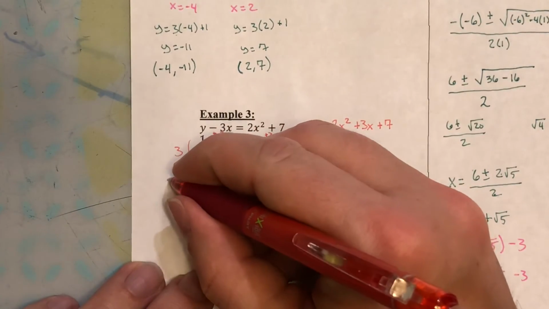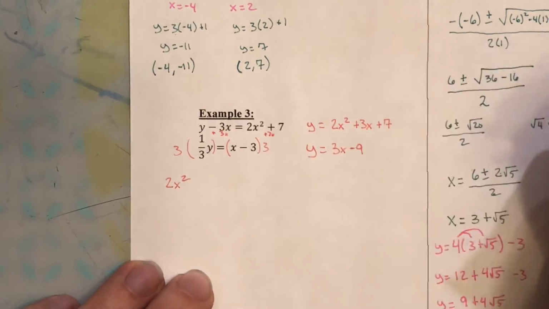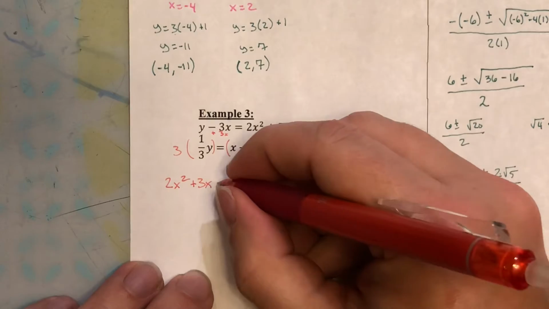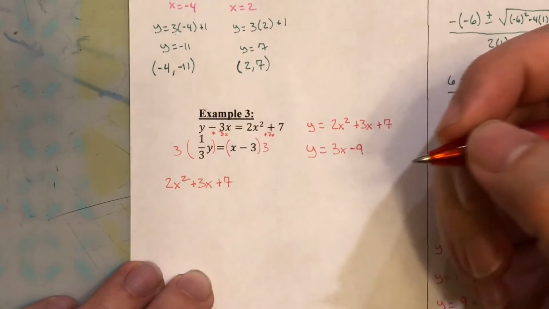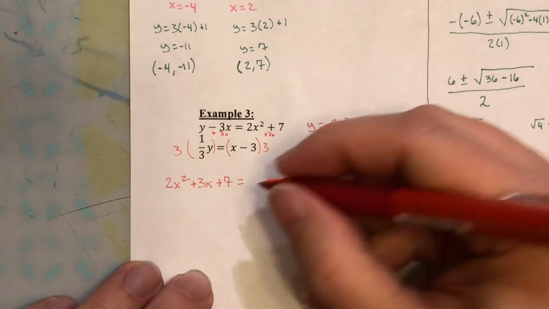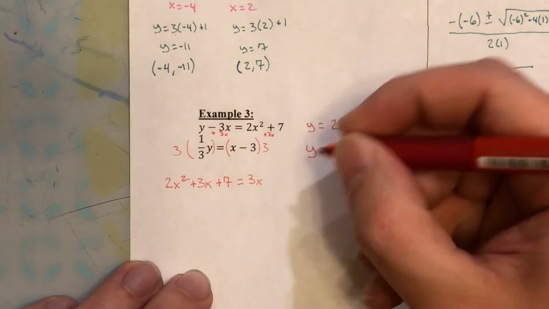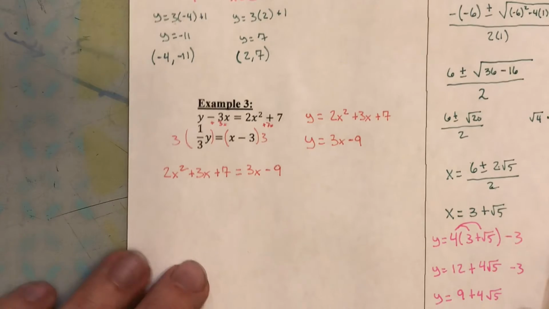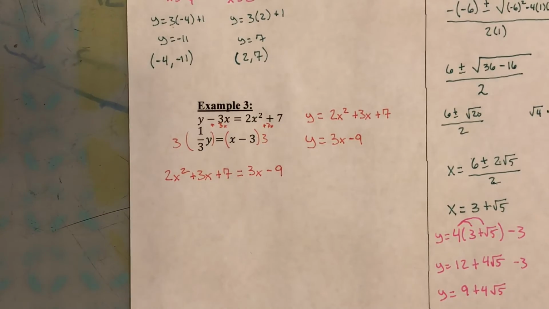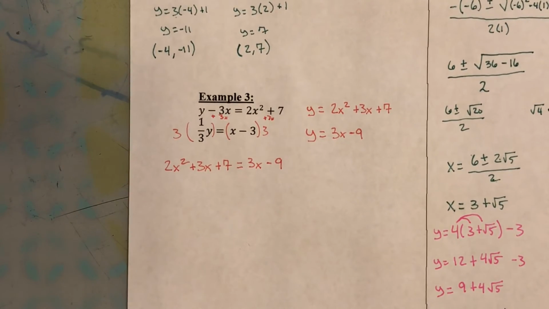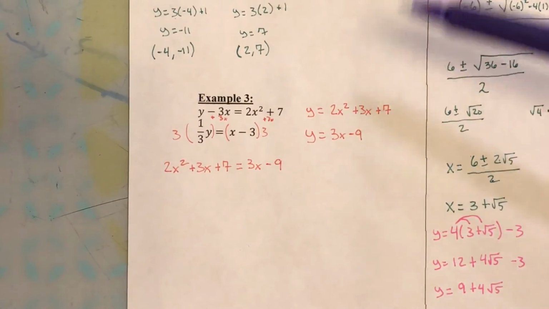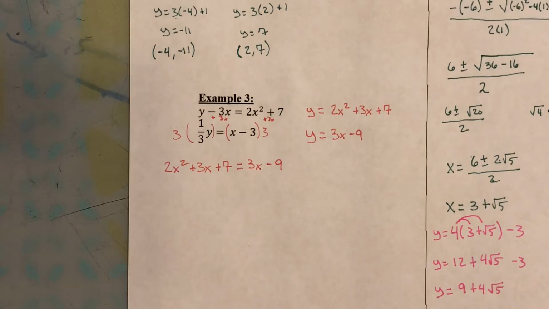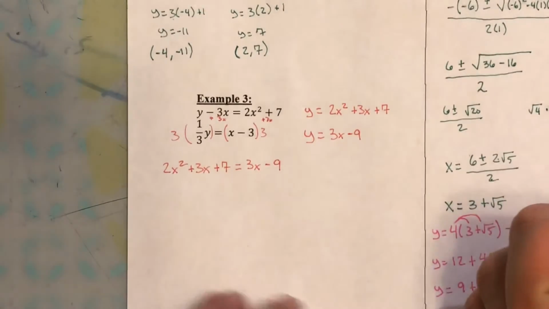So I have 2x squared plus 3x plus 7 equals 3x minus 9. So now is where I'm at step 3, to move all the terms over to one side and then solve for x.